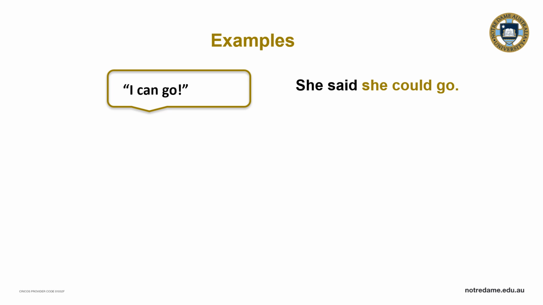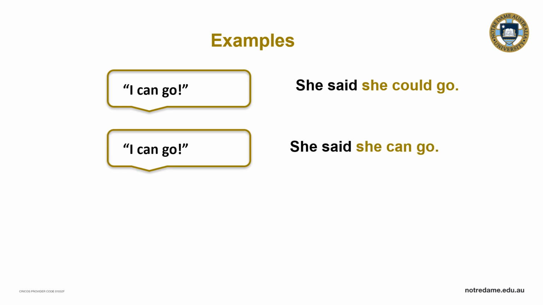It's this evening, the concert. So this original sentence is still current, it's still true now. So in that case, I might well report to my friend, "She said she can go."